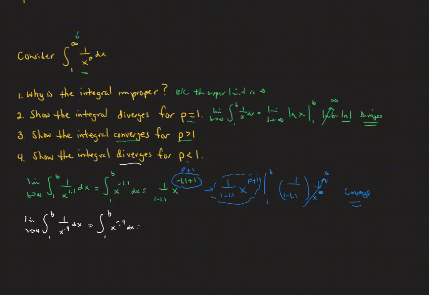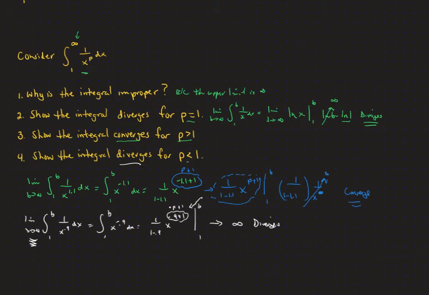When we add 1 to that exponent, you can see that whatever that p is, it's going to be the negative of p, so our result here is now going to be positive. And because that is positive, when we plug in that b and let b go to infinity, that is going to go to infinity, which will make it diverge.